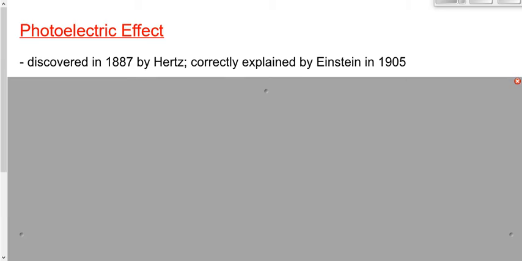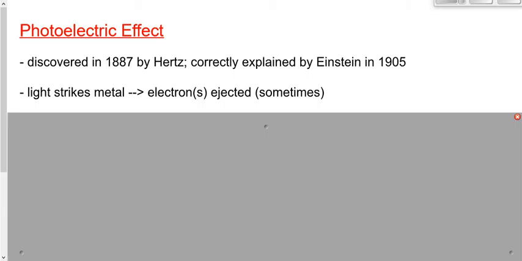The observations basically said, when light strikes a metal, sometimes electron or electrons are ejected. So sometimes the metal becomes charged positively because it loses negative charge, it loses electrons when light strikes it.